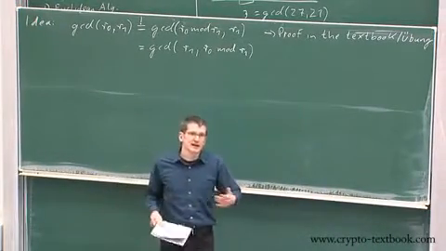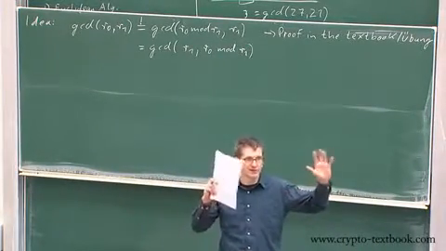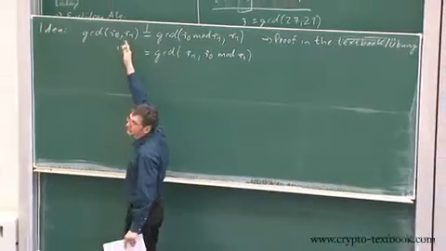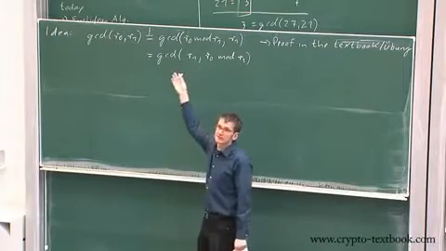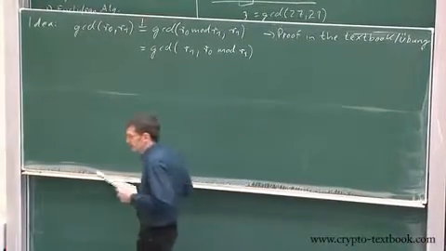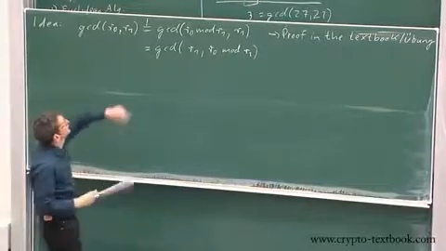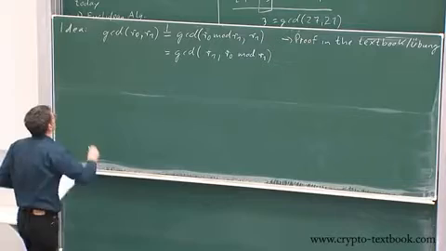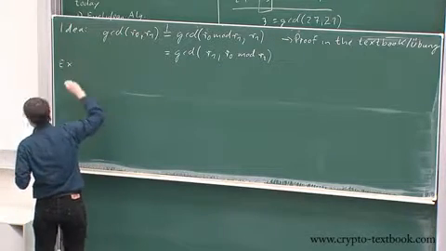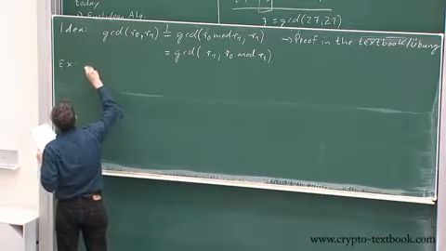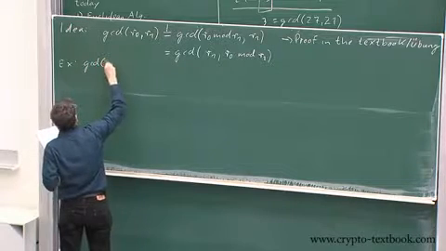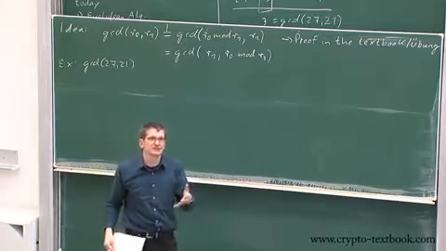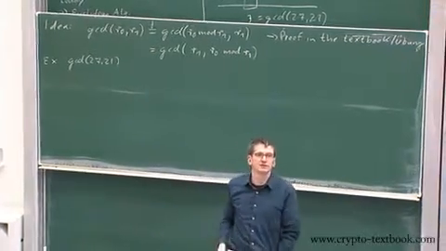So how can we do that now? This is just one way of reducing a problem with numbers of a certain size to numbers with a somewhat smaller size. Okay, and let's look at an example. Let's look at the example we did before, GCD of 27 and 21. And let's look a little bit at this graphical representation, what's going to happen here.